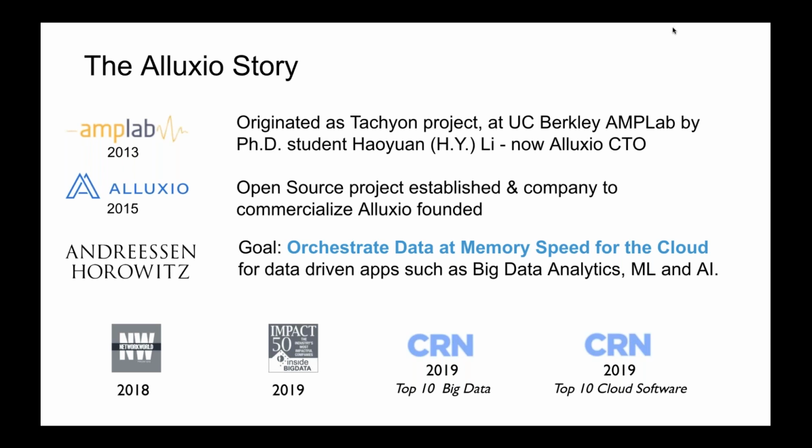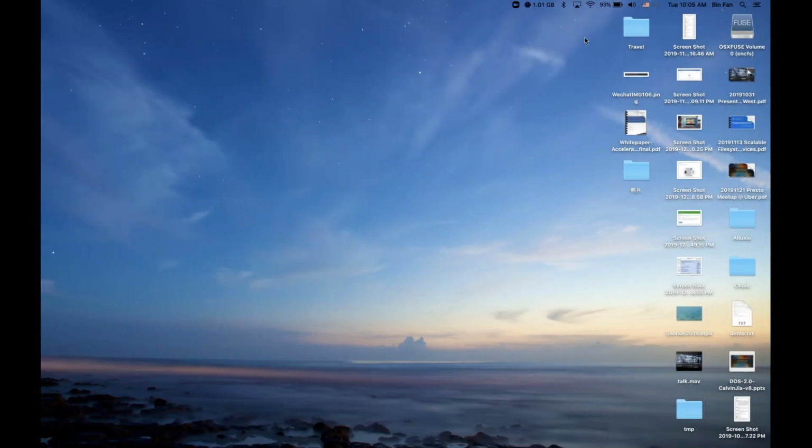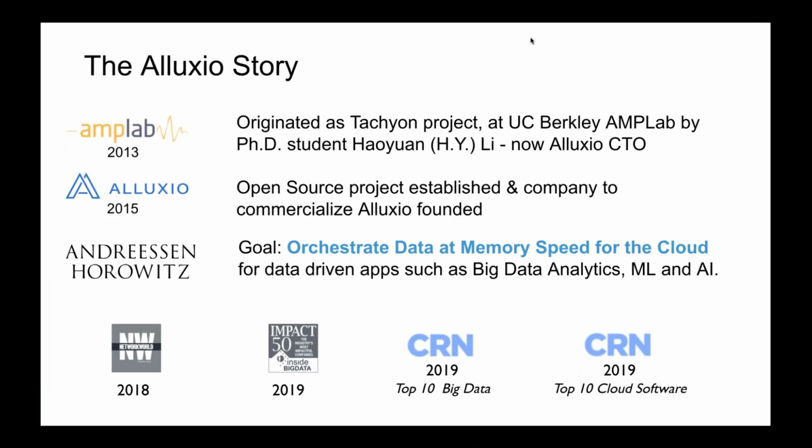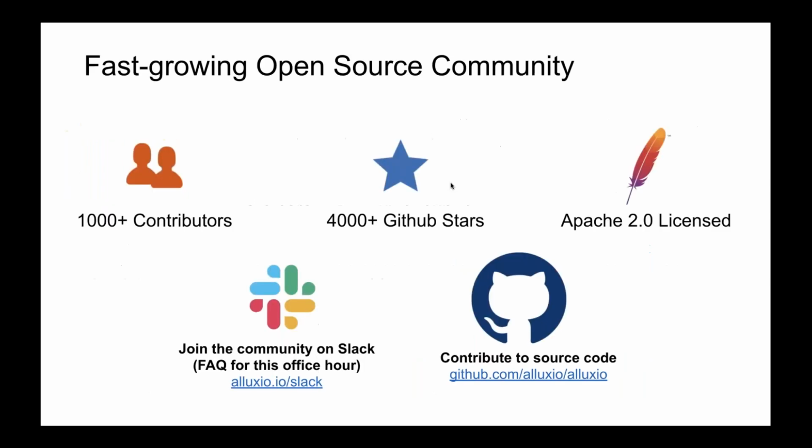So the mission is to build an open source orchestration layer for the cloud, and we have seen a lot of recognition from different media publishers acknowledging what we are doing for this open source technology. As I mentioned, this was an open source project from day one, and today, after 4 years of development, we have more than 1,000 contributors on GitHub and 4,000 GitHub stars.